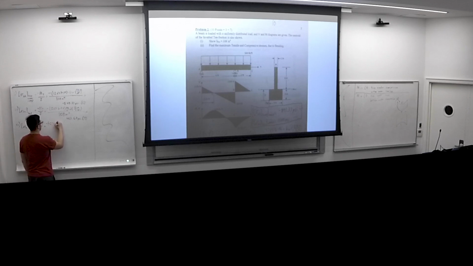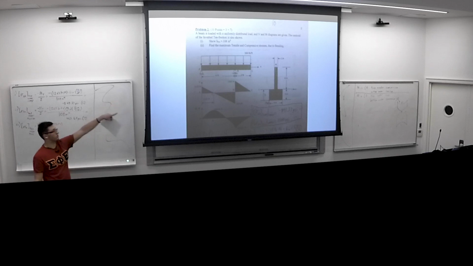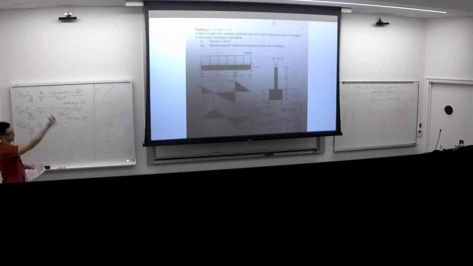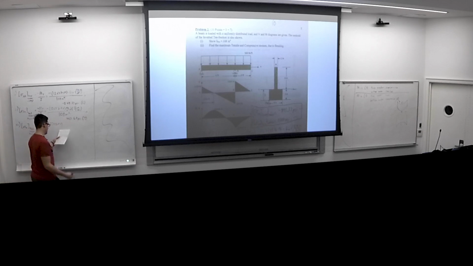So -2250 pounds times feet times, we're dealing with the top, so we're back to 6 inches again, which is +6, which is the displacement from the neutral axis to the top of the cross section. Times 6 inches. Unit conversion again.